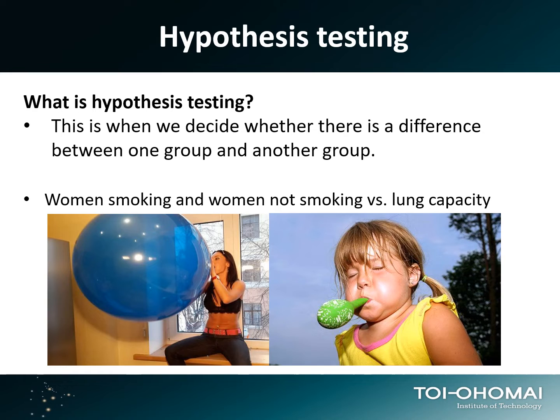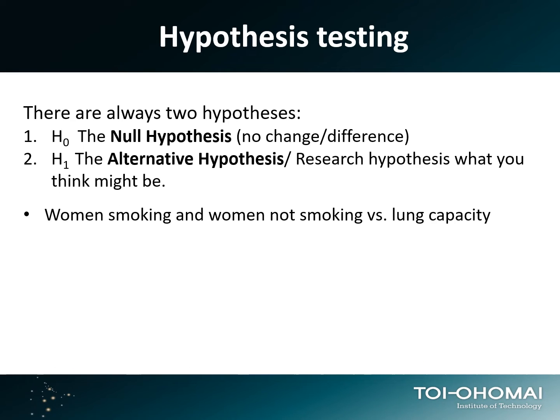And what we mean by difference is a mathematical concept of statistically significant difference based on probability. We'll look at that in a minute. You have to remember that there are two hypotheses. Neither of them are provable, both of them are falsifiable, and one says that there's not going to be any change or difference.